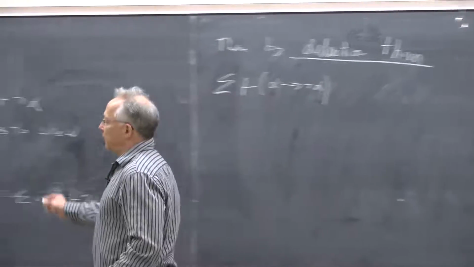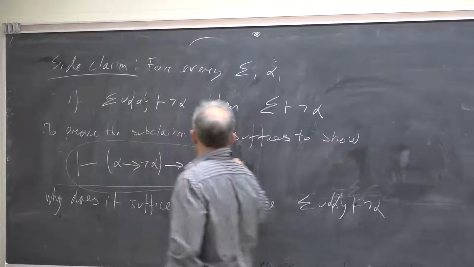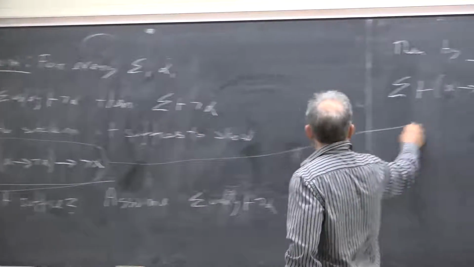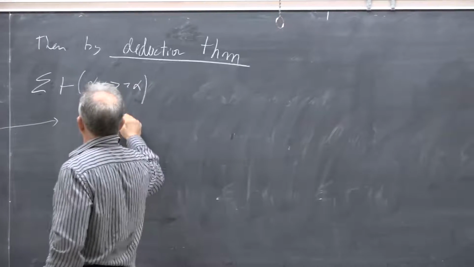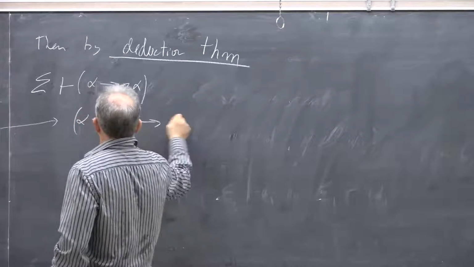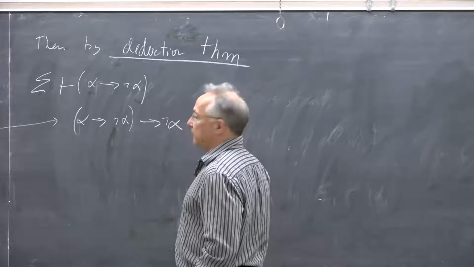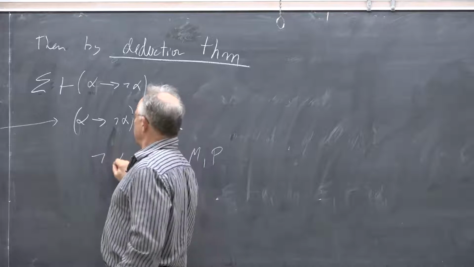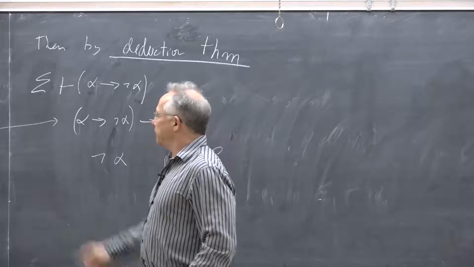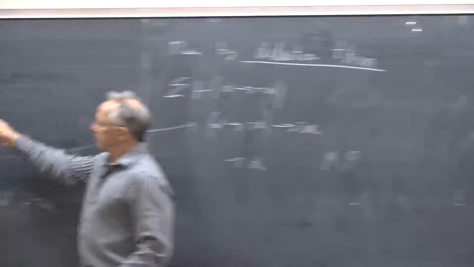Now, if I know this guy, if this can be proven without assumptions, I can write it here, alpha arrows not alpha, arrows alpha, arrows not alpha, and do modus ponens, and get not alpha. So I got a proof from sigma of not alpha. See, this is what I wanted.